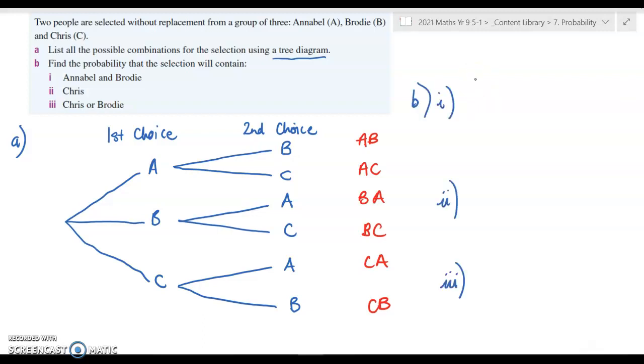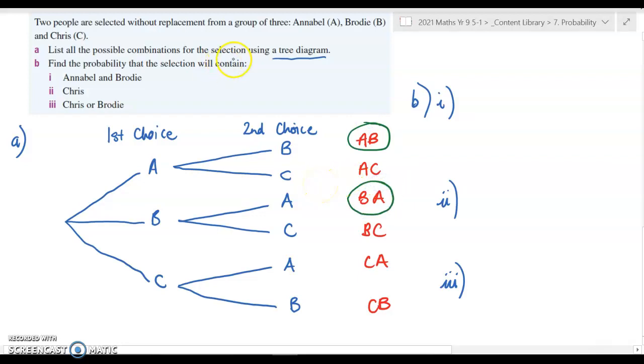Okay, part B asks me to find the probability that the selection will contain Annabelle and Brodie. So I need to look at my 6 outcomes here, and I need to find which ones contain an A and a B. So if we look, there's one here, and there's one here.